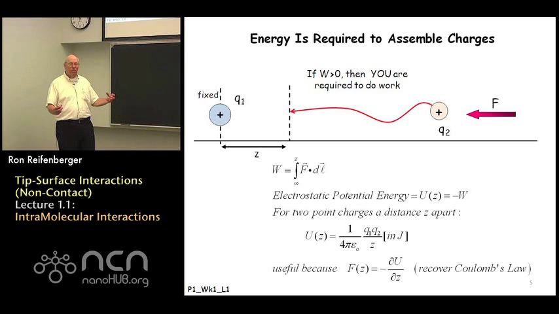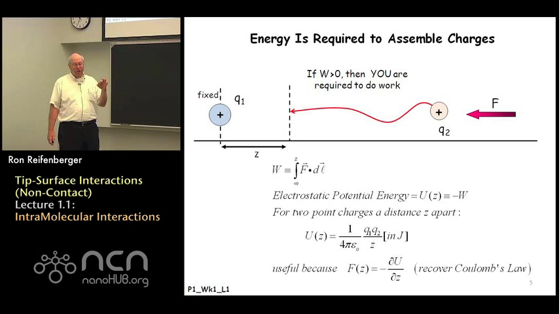And we're more interested in calculating how much energy is required to assemble the charges into a final orientation. The interaction potential energy is useful because if you take the negative derivative of the interaction potential energy, you'll get the force that acts on these charges.